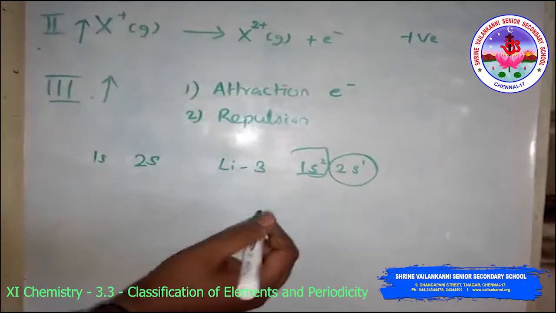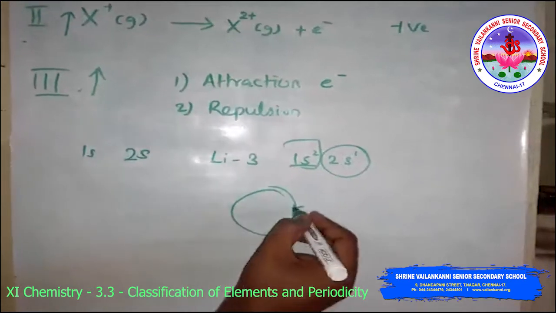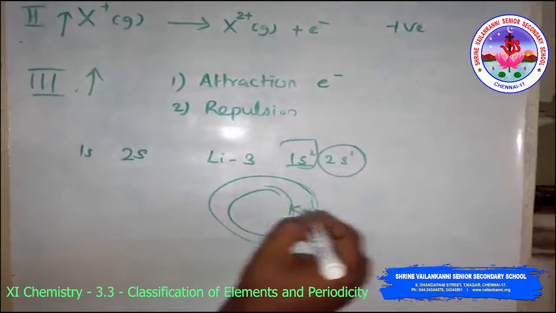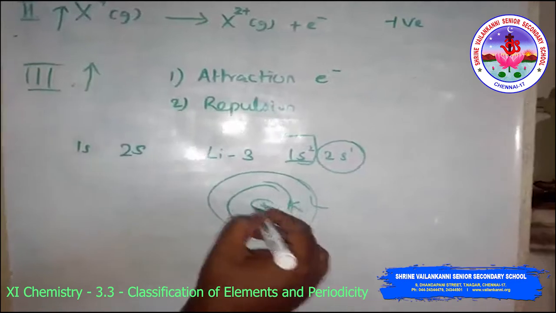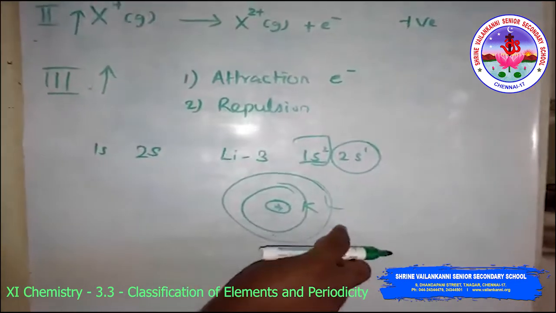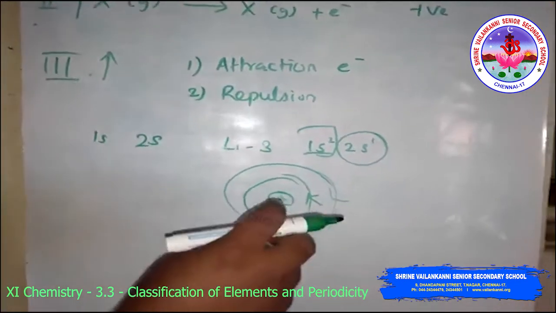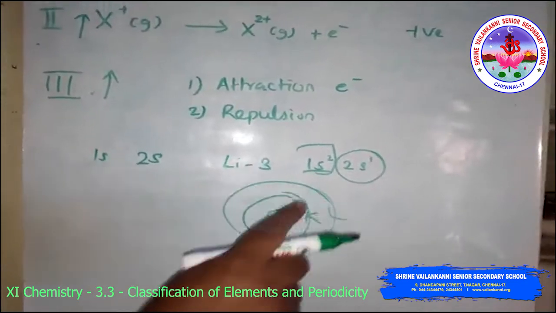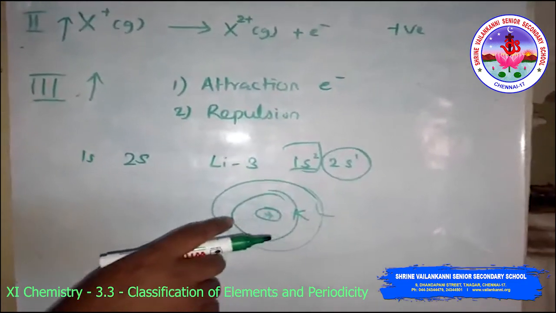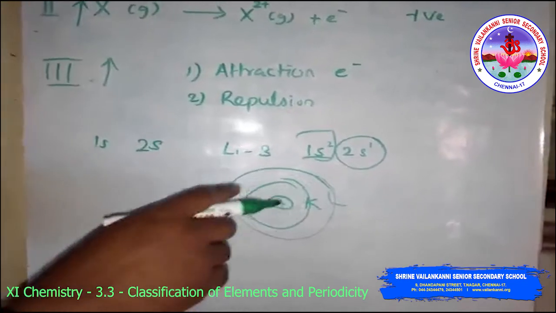That means the first shell, the K shell, shields the outer L shell from the nucleus. As a result, the valence electron experiences a net positive charge which is less than the actual charge of +3.